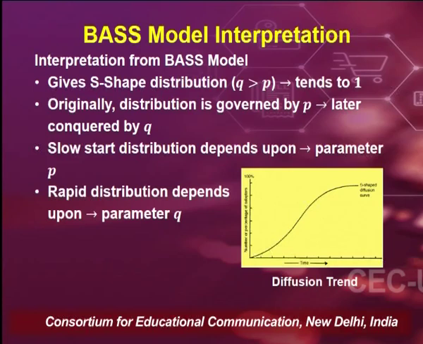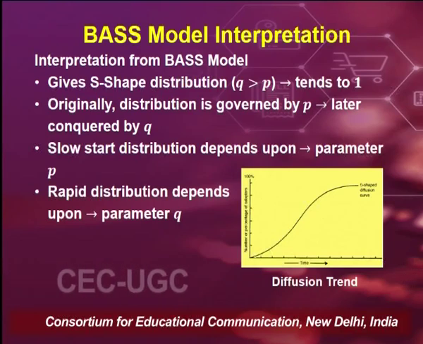So, P is naturally less and Q is more. It depends on how much more Q is, and that is going to reflect in the sharpness of the S curve. If the Q value is much more than P, then you will get a very sharp S curve moving towards the saturation point. Otherwise, it will be a slanting S curve.